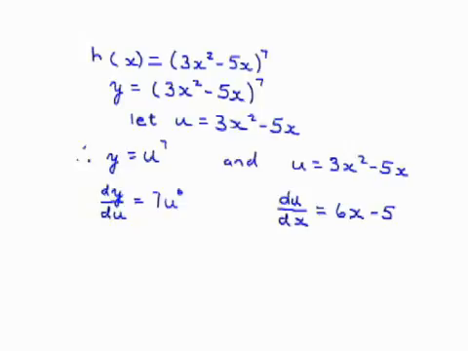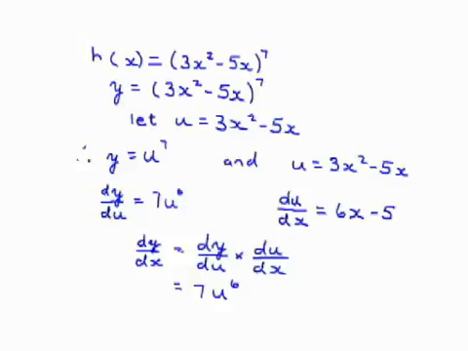From what you've read in the textbook, you have learned that dy dx can be expressed as the product of dy du and du dx. Therefore, substitute in dy du and du dx from the previous two steps, and you end up with 7u to the 6th times 6x minus 5.